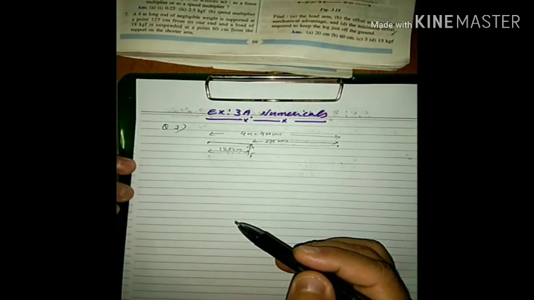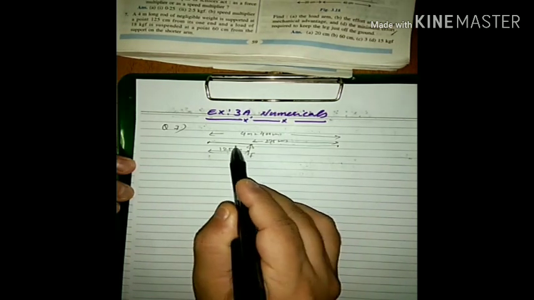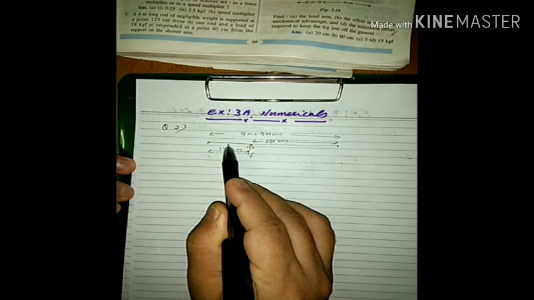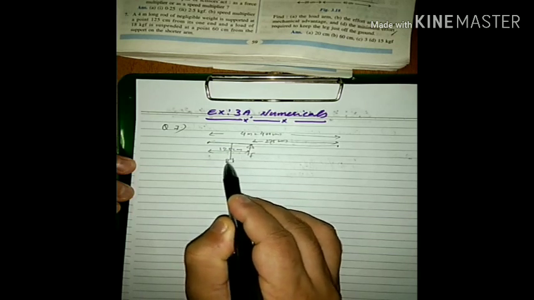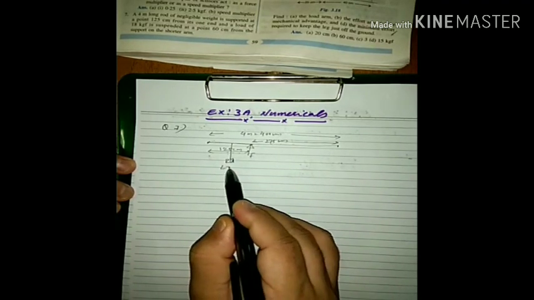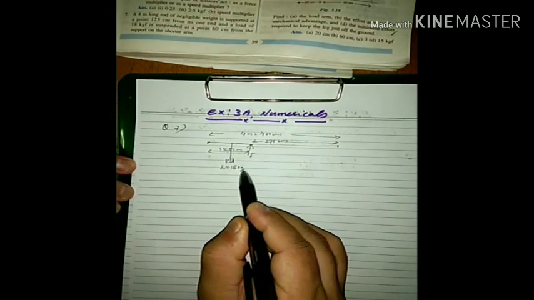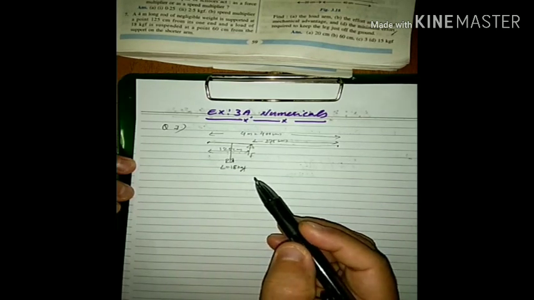A load of 18 kilogram force is suspended at a point 60 centimeter from the support on the shorter arm. So where is it? Let it be here, 60 centimeter. What is the load? A load of 18 kilogram force is suspended at a point 60 centimeter from the support.